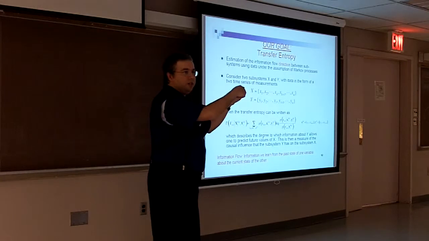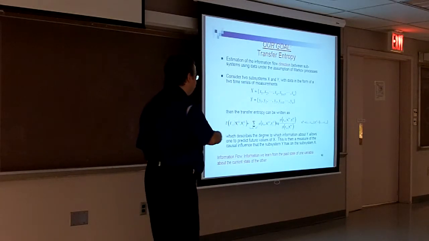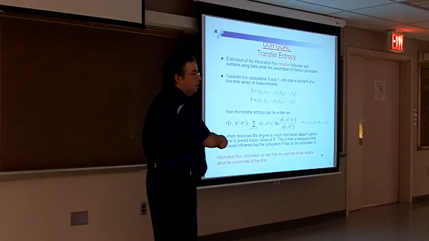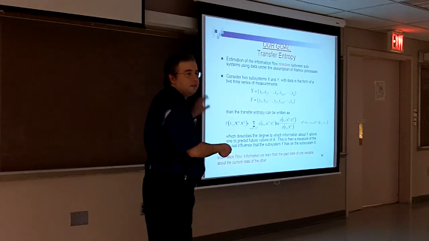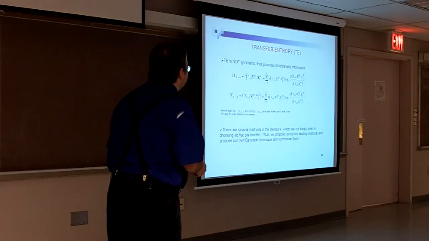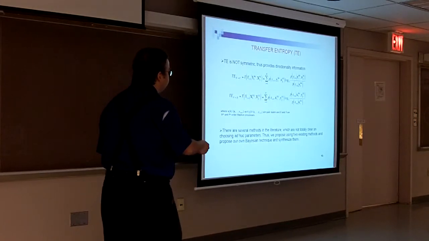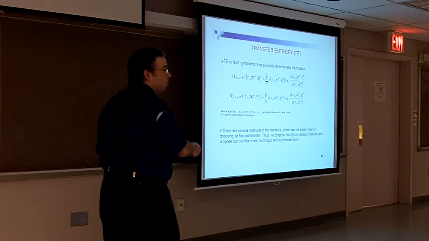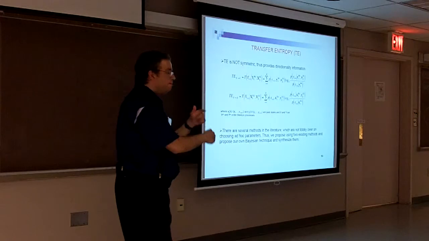So directionality came into the equation by this definition. Okay? We made a mark on this assumption. That's the definition of Schreiber for transfer entropy. So you can define it in two directions, from x to y or y to x. So they are different in the two directions.